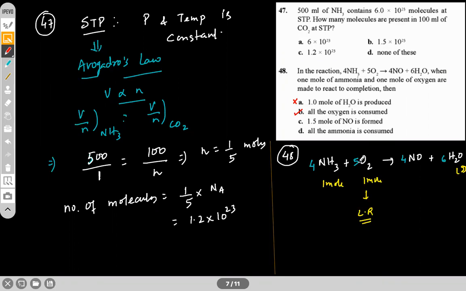Again, 5 moles gives 4, so 1 mole gives 4 by 5, that is 0.8 moles of NO. This is also wrong. All ammonia is consumed. That is also wrong because some amount of ammonia is left in the reaction. Hence, the answer for this one is option B. All oxygen will get consumed since oxygen is the limiting reagent.